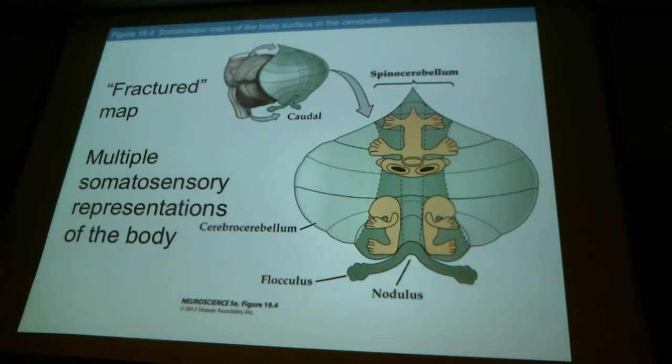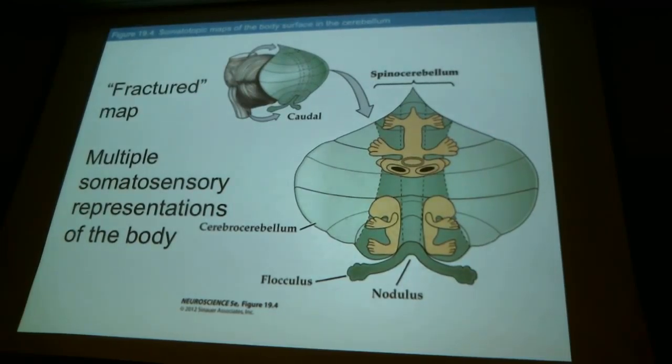So cerebellum, is it sensory, is it motor? It's kind of both. It's certainly true that if you record from cerebellum and you do different types of sensory stimulation, you get responses. Typically, we talk about the cerebellum as having somatosensory maps. So like the somatosensory cortex, you have maps of body space that map directly onto the layers of the cerebellum.